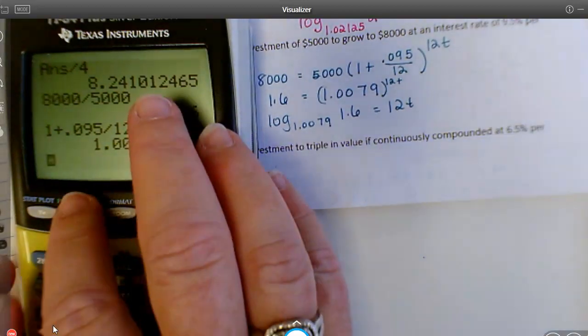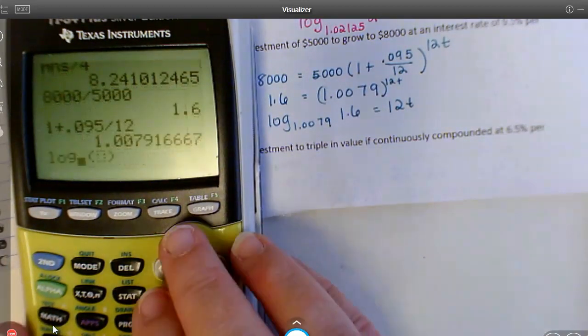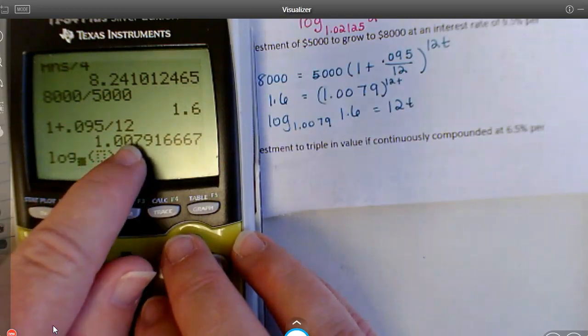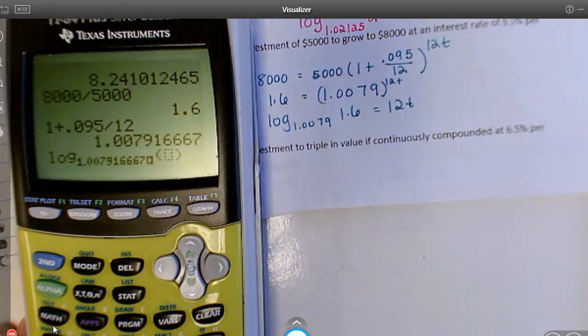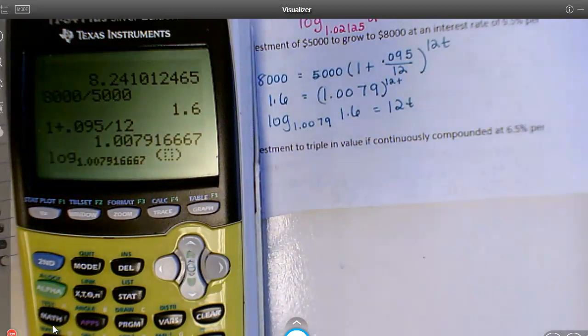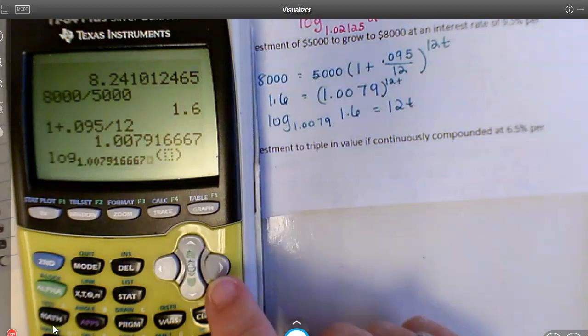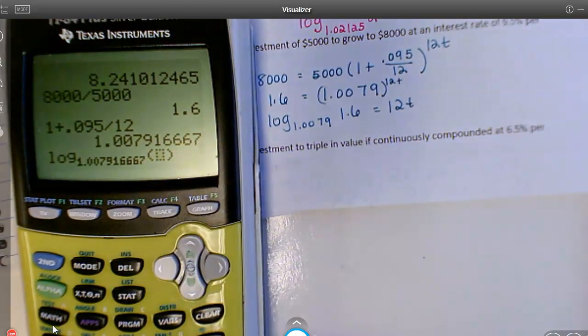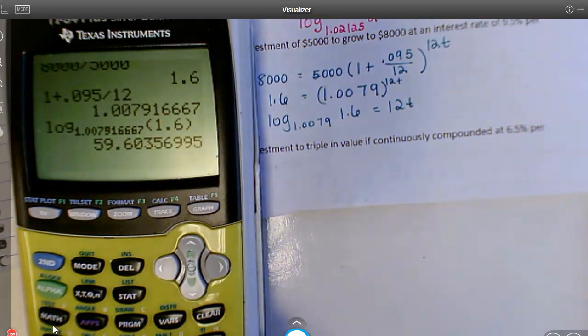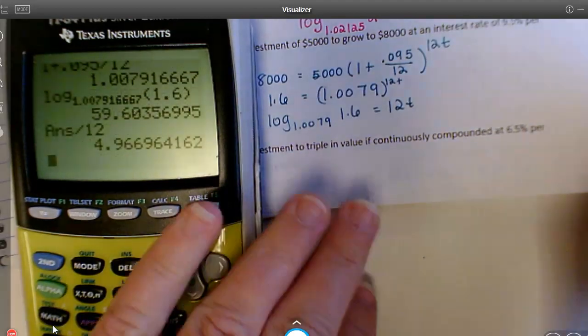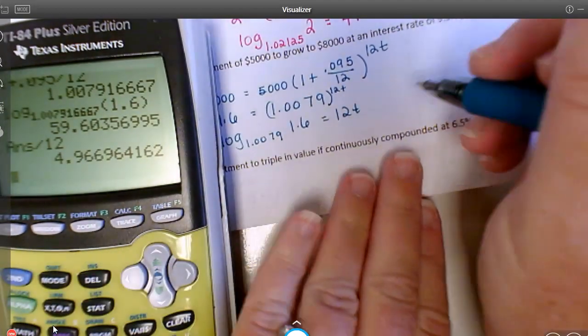When you go to alpha window and do your log, if you want that number to be that number, you can go up to it, press enter and grab it, and it'll put that whole thing there so that it doesn't mess up the rounding. Even though on paper it'll mess up our rounding, in here it won't. So I just wanted you to see that you could grab it like that. And then from there you're going to divide by 12. So we would get about 5 years.